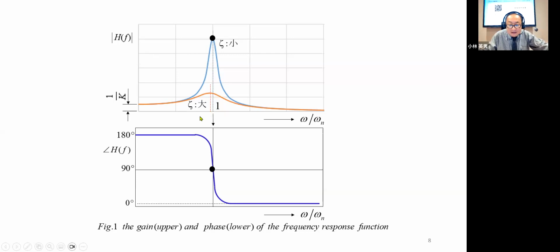But as the value of the damping ratio, theta, becomes bigger, the peak becomes like this one, a little bit lesser than the value 1, okay, here. As for the phase of the FRF, it comes like this.